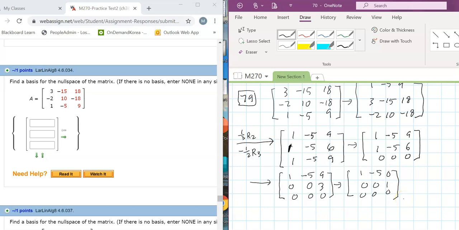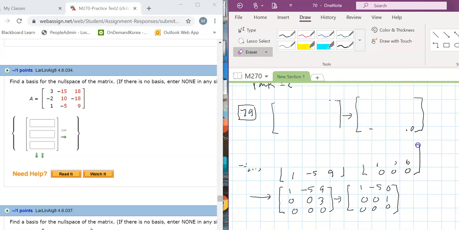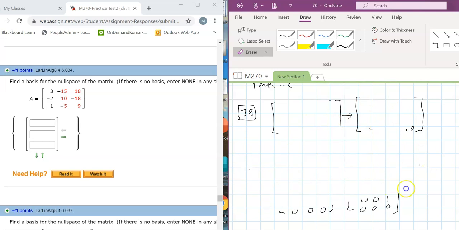Okay. Wait a minute. What did I do here? I think I made a mistake here. I didn't have to change the row because of the first one. Hold on. Okay, let me do this again.